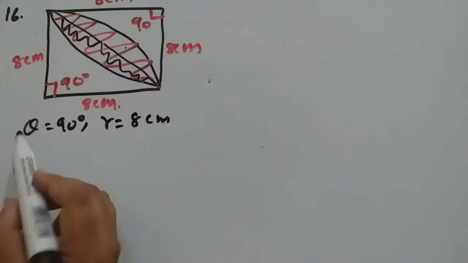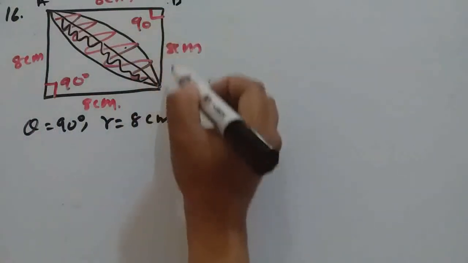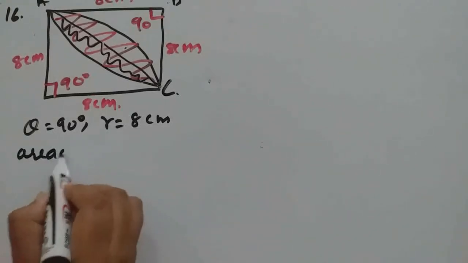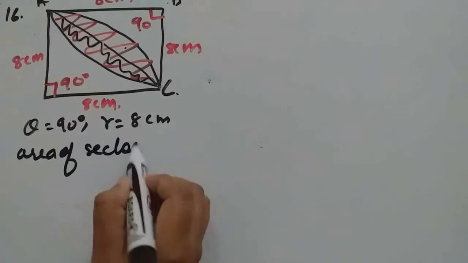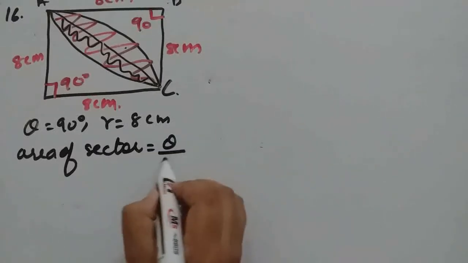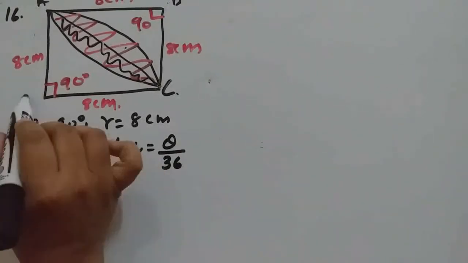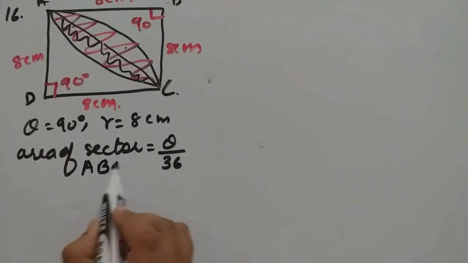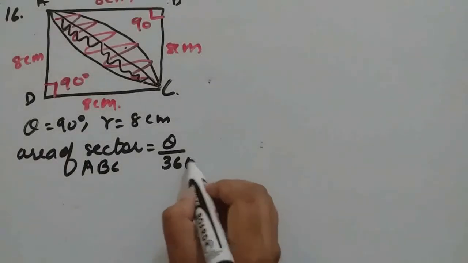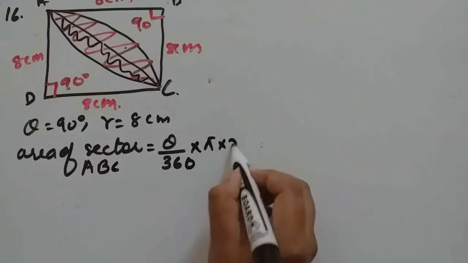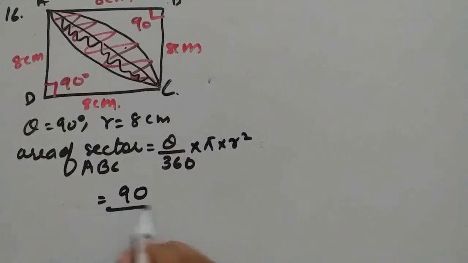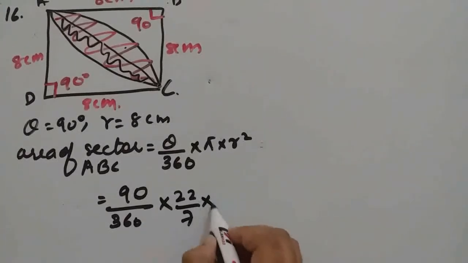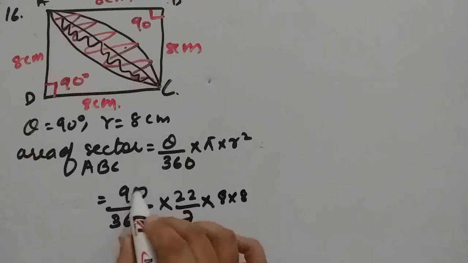So we can write A, B, C. So area of sector, better write name here, ABC. Area of sector ABC, theta by 360 pi r square. So 90 by 360 into 22 by 7 we can take, r is 8 into 8.